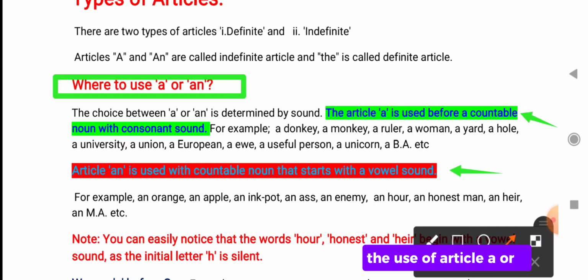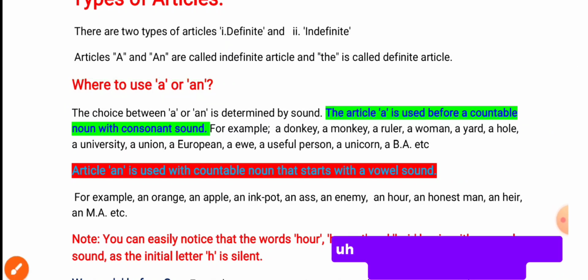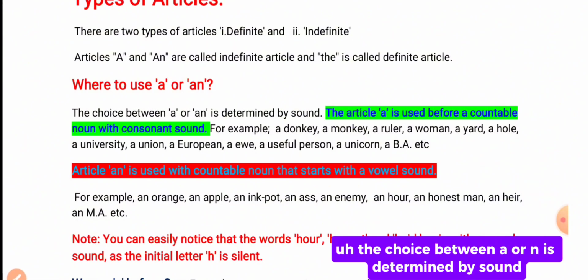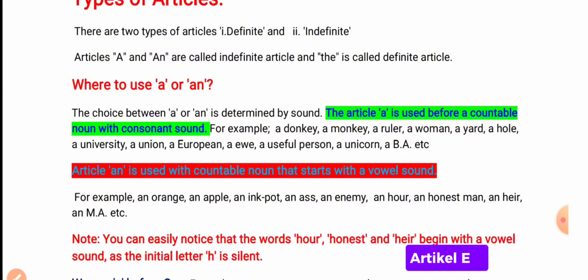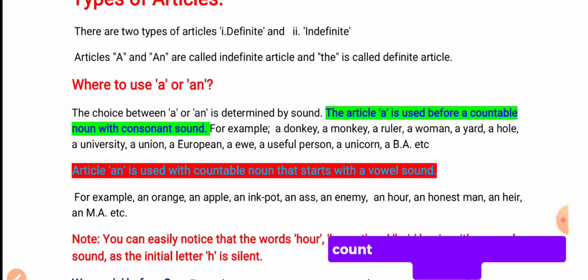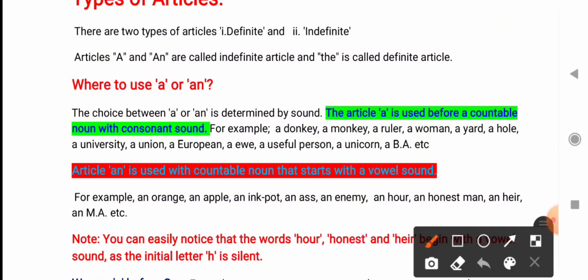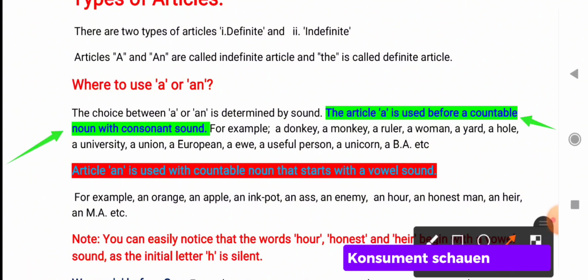The choice between a or an is determined by sound. The article a is used before a countable noun with a consonant sound, as well as singular nouns only.